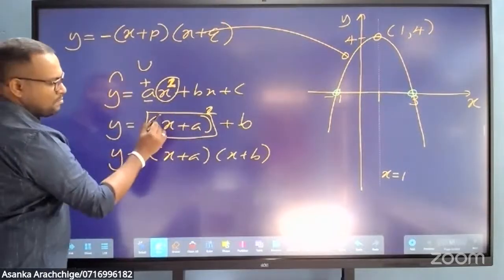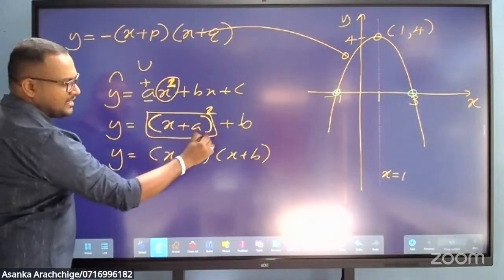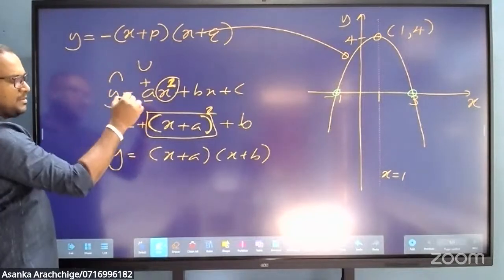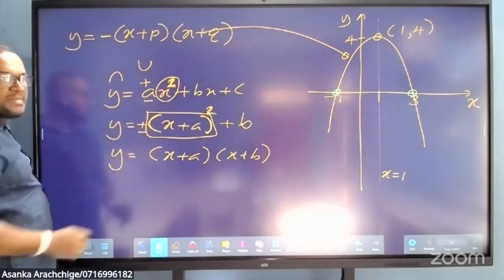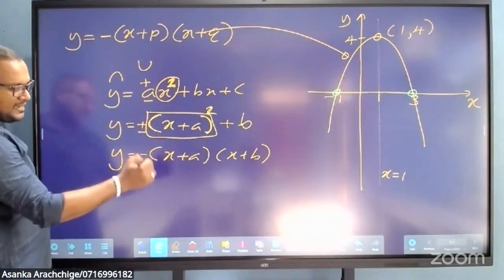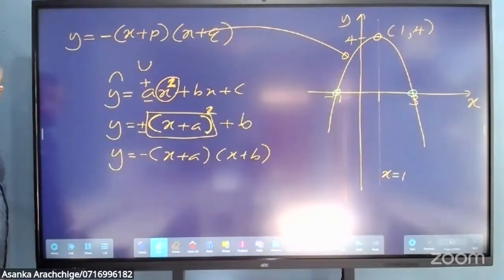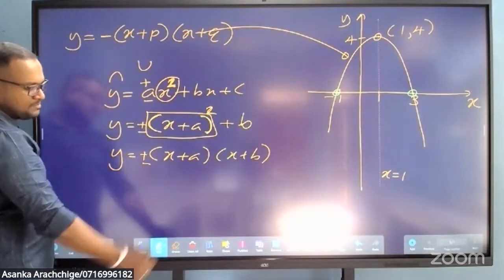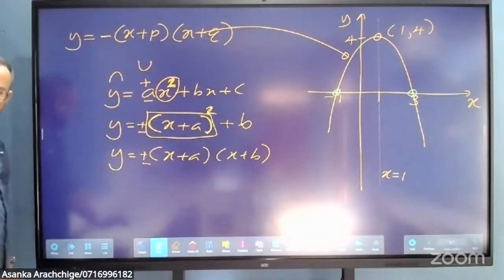මෙතන x plus a කියන සම්පූර්ණ කෙනාගේ පිට ඉන්නේ plus නම් මෙයා minimum, minus නම් මෙයා maximum. මෙතන ඉන්න සයින් එකයි හිතන්න ඕනේ. If this is plus, it is a minimum graph. If it is minus, that is a maximum graph.